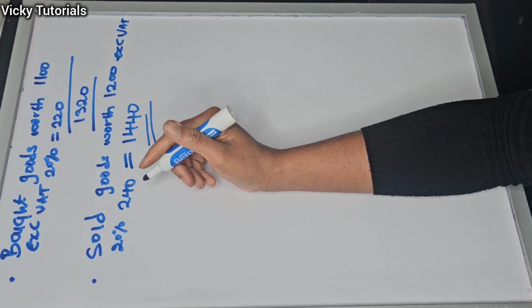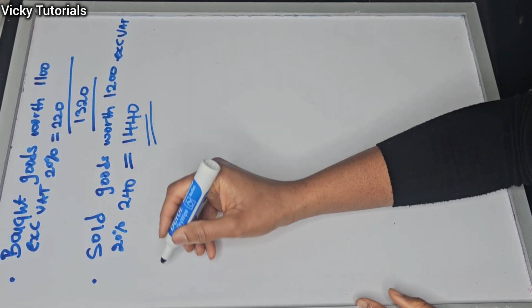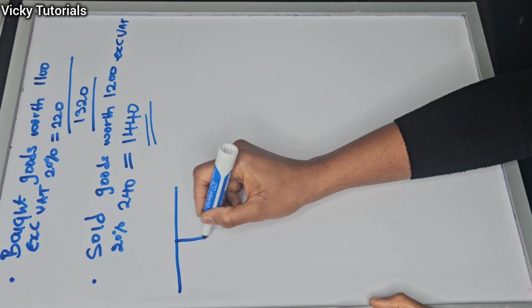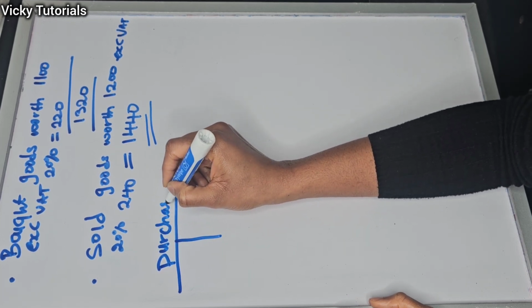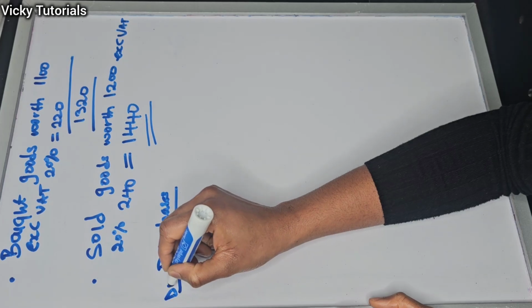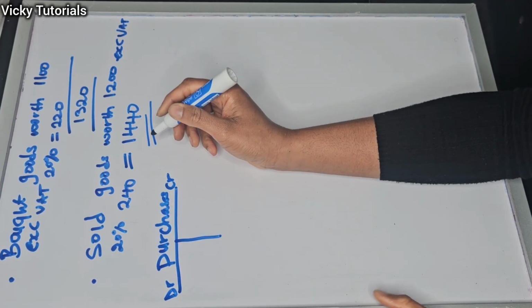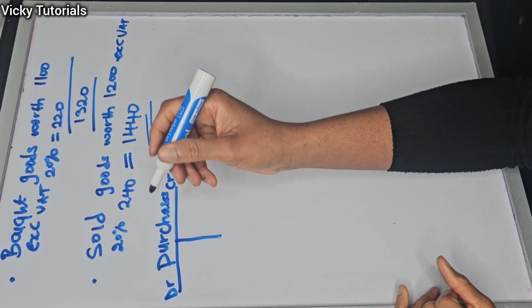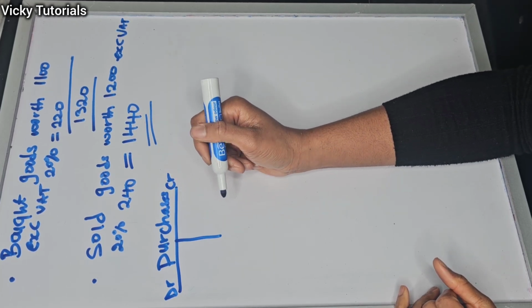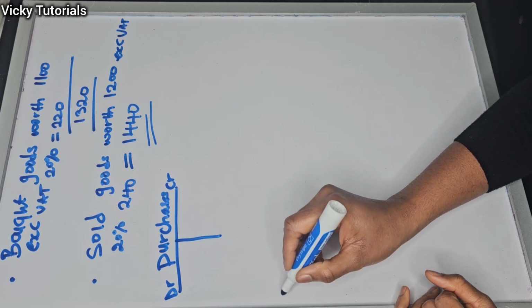So you have the option to call it purchases or inventory, but I'm going to call it purchases. Here is debit, here is credit, and we know that purchases is a debit balance, inventory is an asset, it is a debit balance. It's going to affect our purchases, and also it's going to affect our payable.